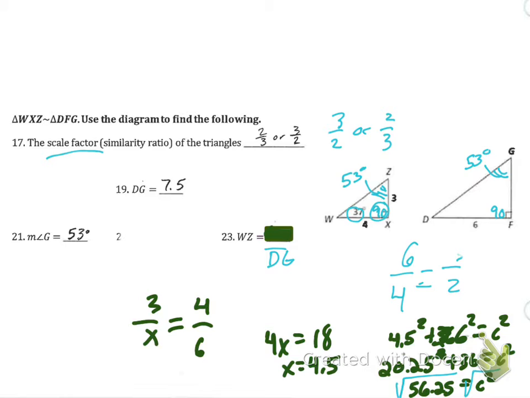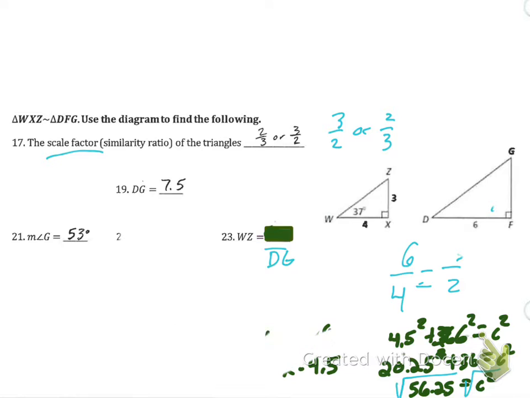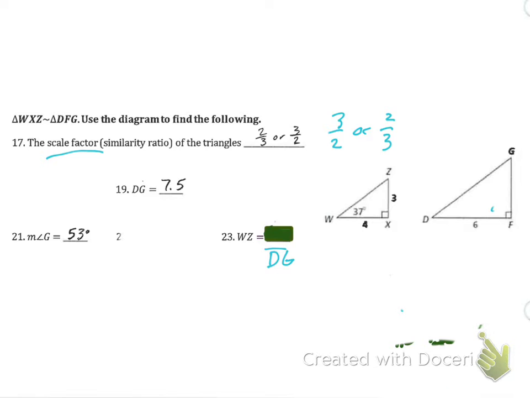Back on track. All right, now WZ here. I'm just going to erase a little bit for clarity. We're looking for WZ, this long one right here. Well, guess what? I already know that this is 7.5, and that's the bigger one. So I've got to reduce it. Let's say I don't know what this is.